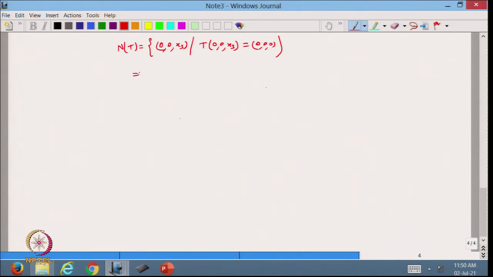I know that the basis for this will be (0, 0, 1). So, I can say that the span of this vector (0, 0, 1) will span the whole kernel of T, and the nullity of T is 1 in this case.